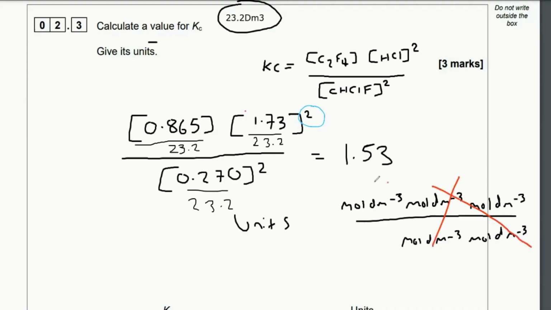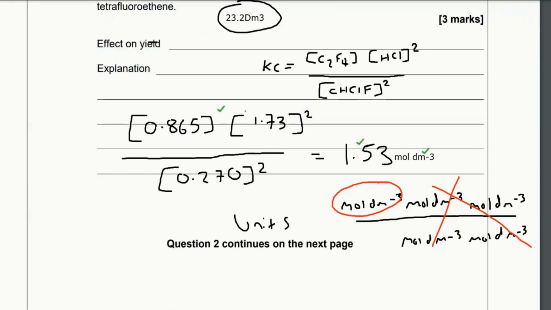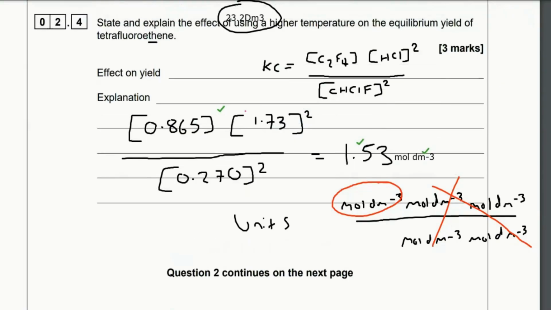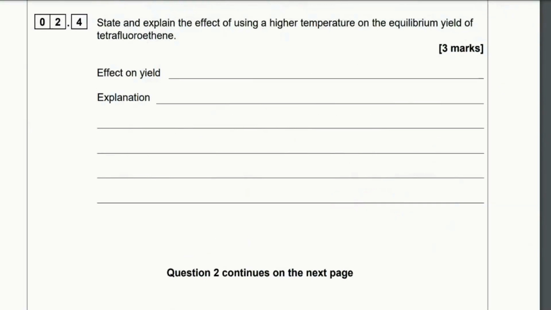And just with below, I have 0.270 to the 2. So I have 2 mole to the dm minus 3 there, which makes my units, because those all cancel out, mole to the dm minus 3. And so there's our answer, 1.53 mole per decimeter. 2 marks, or 3 marks, with the working out.